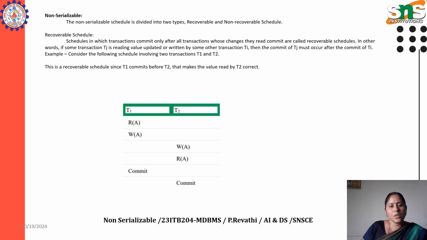In T1, first we read A, then write A. Then control is transferred to T2, which writes A, then reads A. After that, control is transferred to T1, which commits. Then control is transferred to T2, which commits.